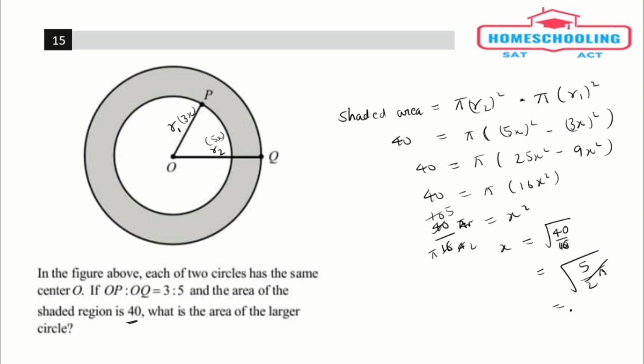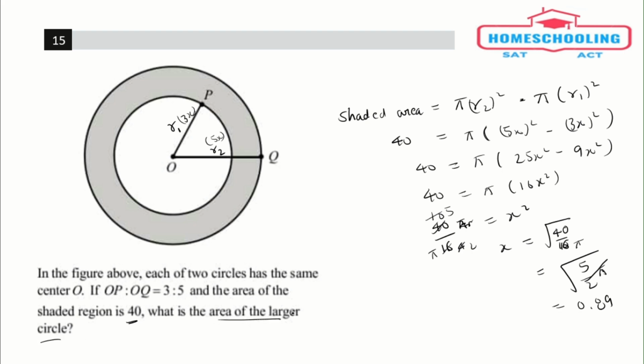What is going to be x? Let me put it on the calculator. It would be 0.89. So x is 0.89, and we have to find the area of the larger circle.